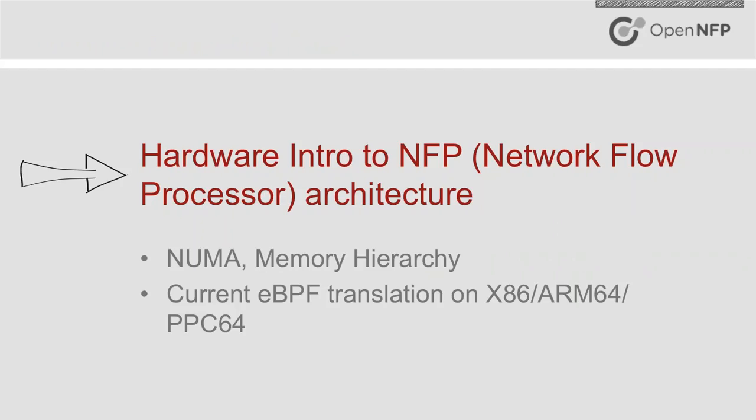So before we dive into details of our implementation, it's useful to understand a little bit about the architecture of the Netronome SmartNIC and how this plays into our implementation choices.